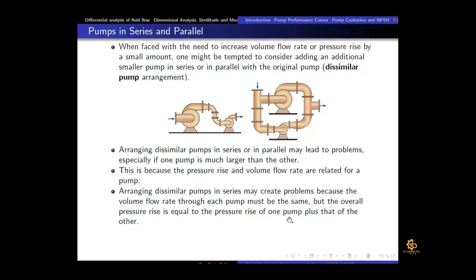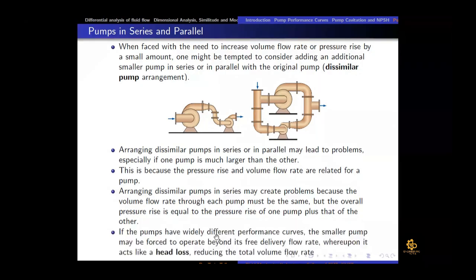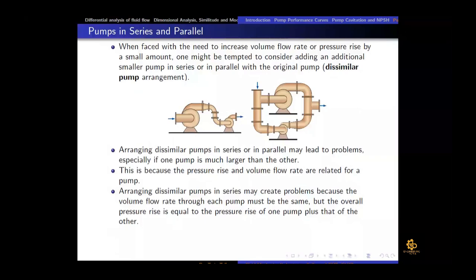So if the pumps have widely different performance curves, the smaller pump may be forced to operate beyond its free delivery rate, whereupon it acts like a head loss. Let's suppose we need to enforce this at 20 gallons per minute, but because this pump cannot have that capacity, it is operating beyond the free delivery point.